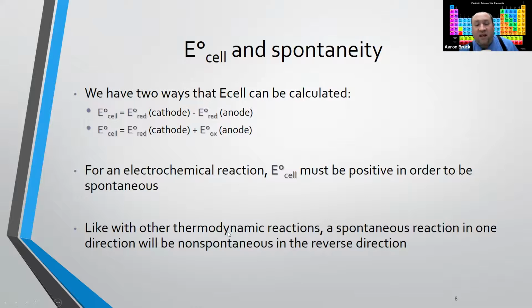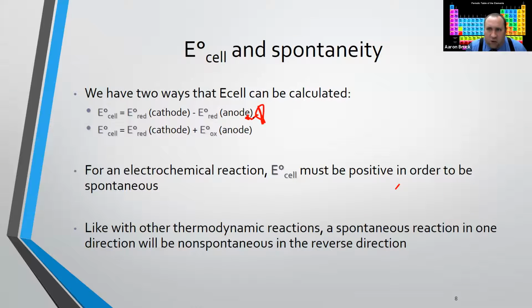Now, in terms of taking Ecell and determining the total electromotive force, the total voltage of a voltaic cell, there are two things that we can do. We can look at the reduction potentials themselves, identify the cathode, identify the anode, and subtract the reduction potential of the anode from the reduction potential of the cathode. That's this first equation right here. When you're using a table of values, that usually makes sense.